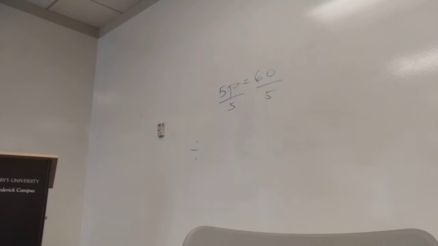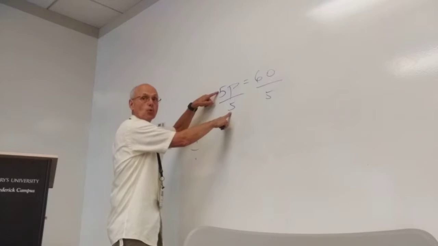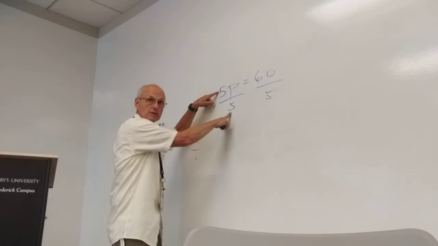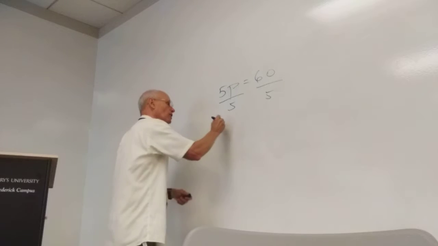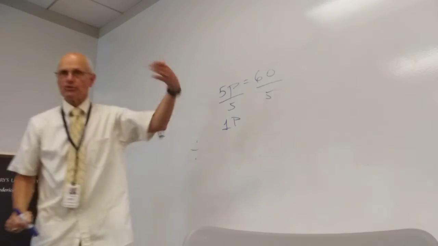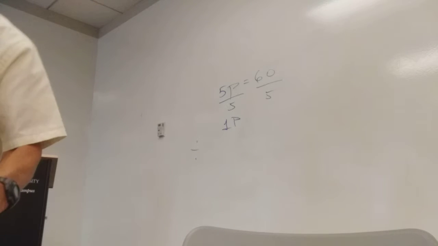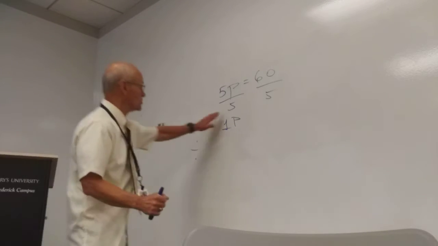How much is 5 divided by 5? 1. 5 divided by 5 is 1. But we don't write 1p because the Arabs 2,000 years ago didn't want it chiseled out in a rock. I'm serious. We just write the p.